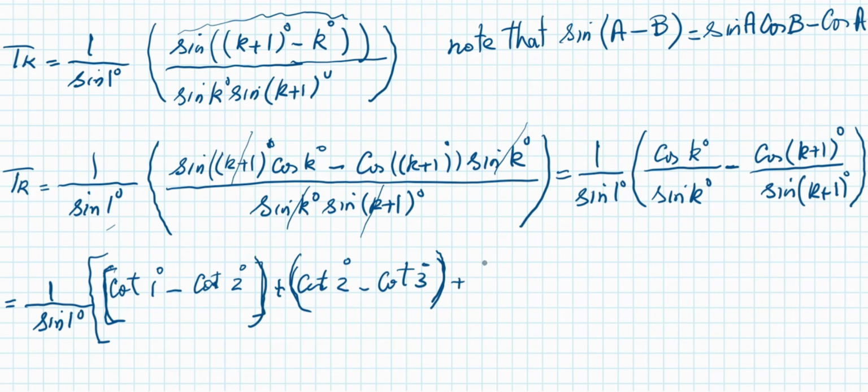The next term would be cotangent of 3 minus cotangent of 4, and this would be written likewise until we reach the terms cotangent of 89 and 90.